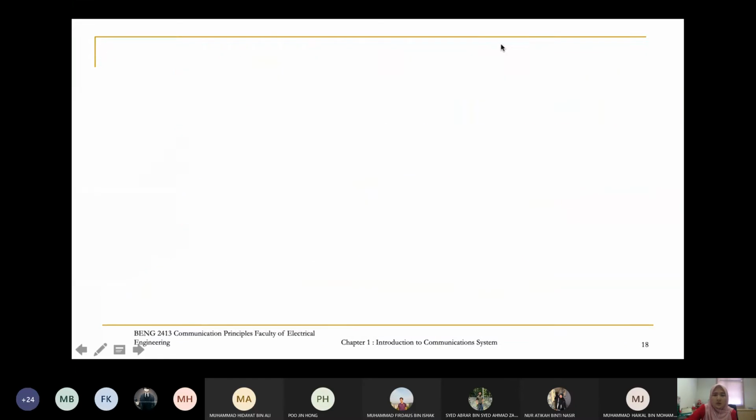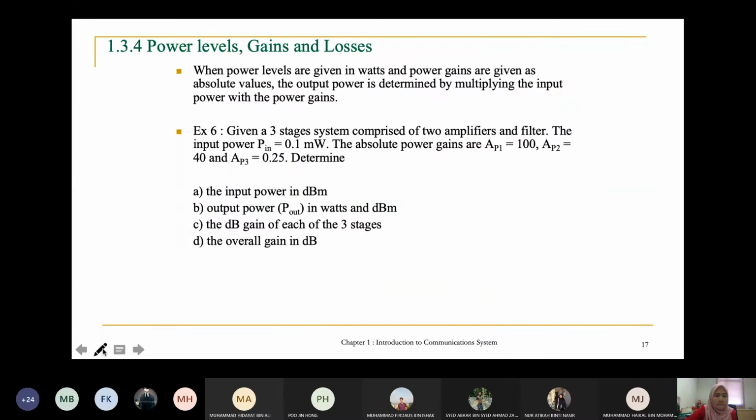So now let's calculate for this one. For B, P out is equals to P in multiply with AP1 multiply with AP2 multiply with AP3. So for P in use this value.